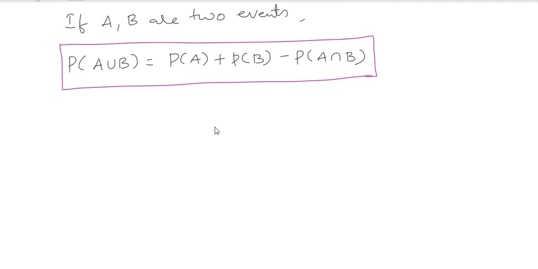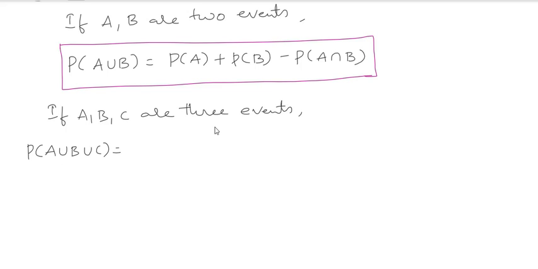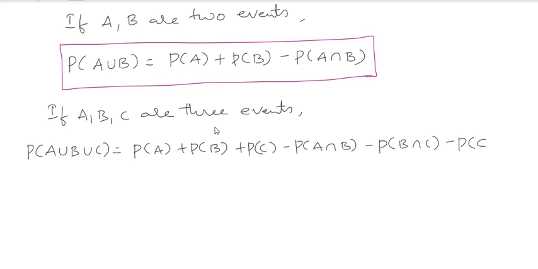Suppose I go with three events, A, B, C. Then the probability of A union B union C is probability of A plus probability of B plus probability of C, minus probability of A intersection B, minus probability of B intersection C, minus probability of C intersection A, plus probability of A intersection B intersection C.